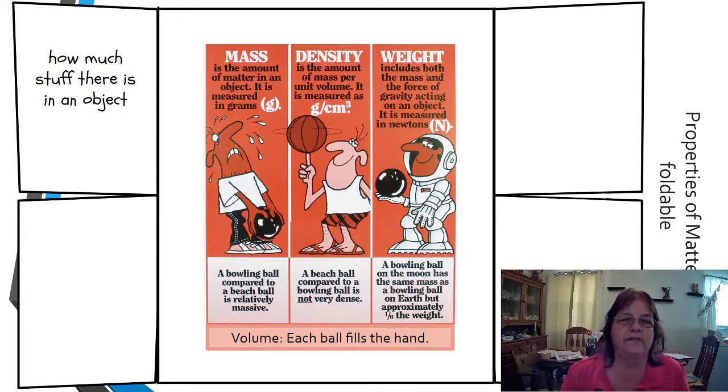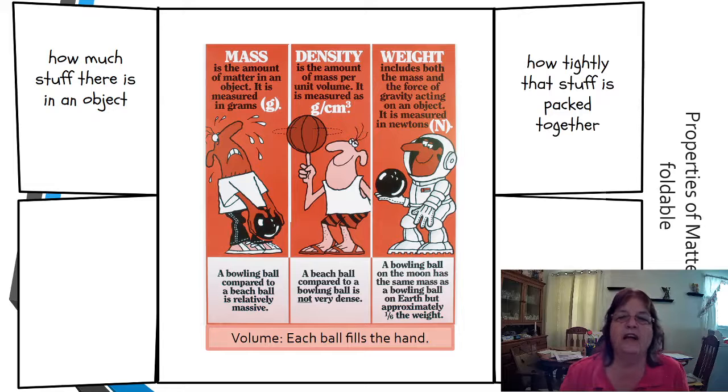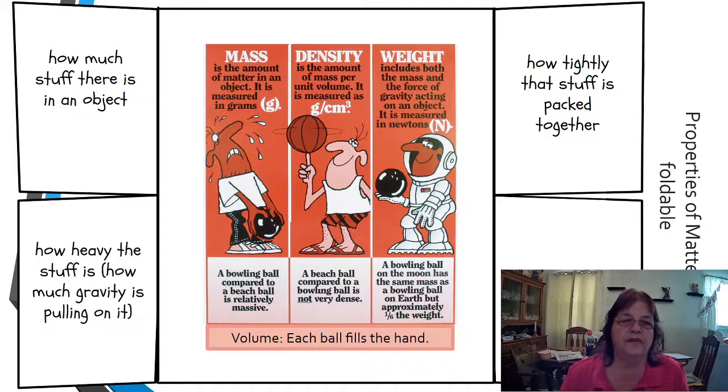Write it down. Density: how tightly that stuff is packed together. Weight: how heavy the stuff is, how much gravity is pulling on it. And volume: how much space the object takes up.